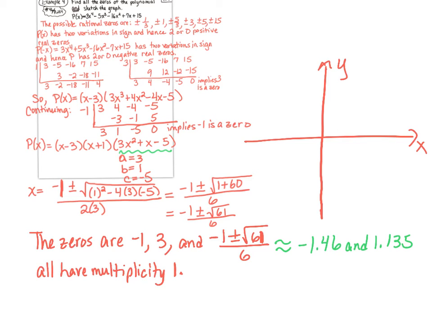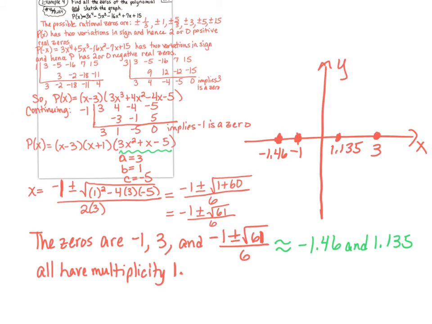Whenever we plot all of these zeros, we have -1, then we have -1.46, then we have 1.135, and then we have what? What's that last zero? 3.